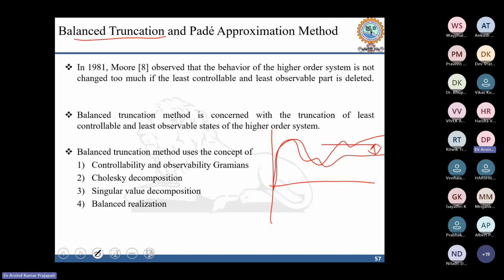To overcome this, I have used the balanced truncation technique with the Padé approximation technique. Here I use balanced truncation for determining the reduced order model's denominator polynomial, and the Padé approximation technique for calculating the numerator polynomial of the reduced model, so that we can overcome this steady state problem of balanced truncation.